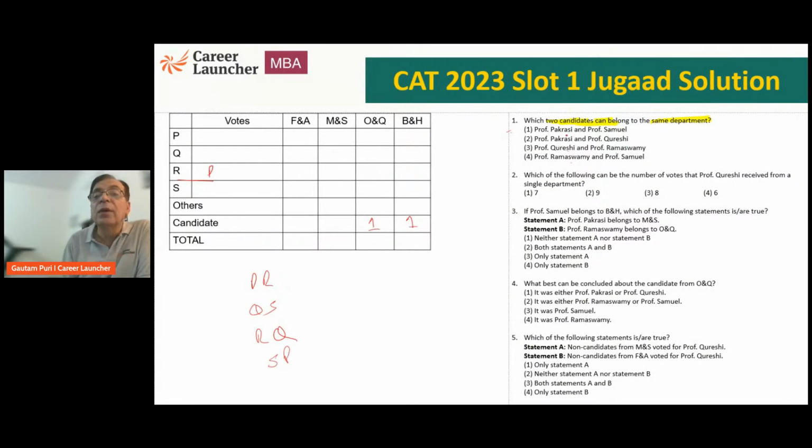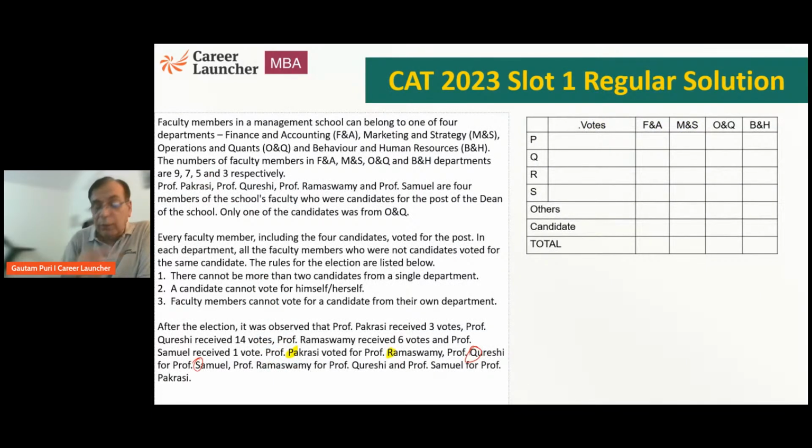Now look at the choices. Choice 1 is wrong. P and S cannot be from the same department because Samuel voted for Prakashi. If Samuel has voted for P, then they cannot be from the same department because of the condition given.